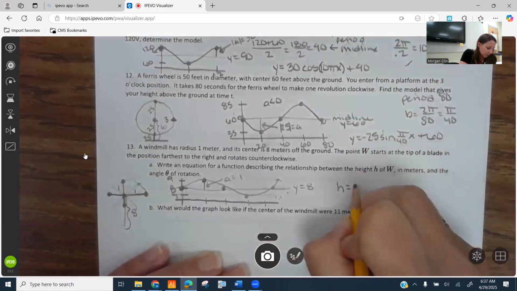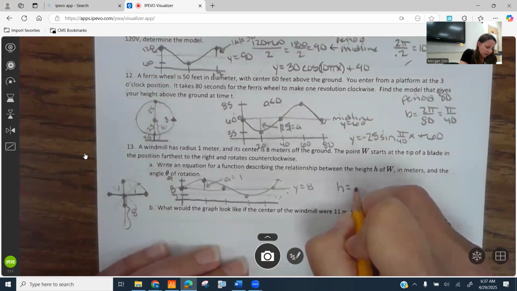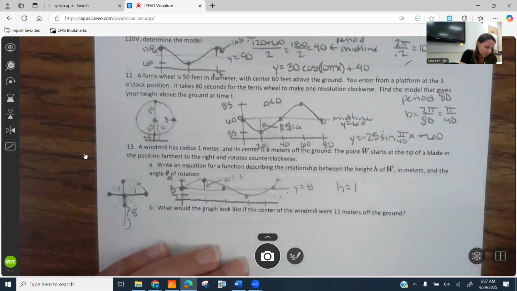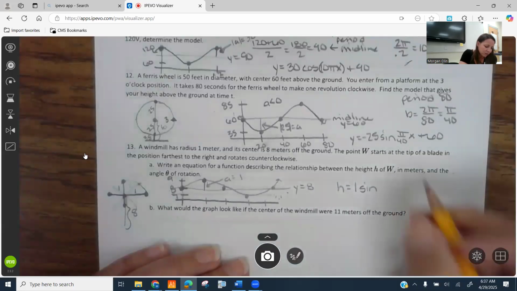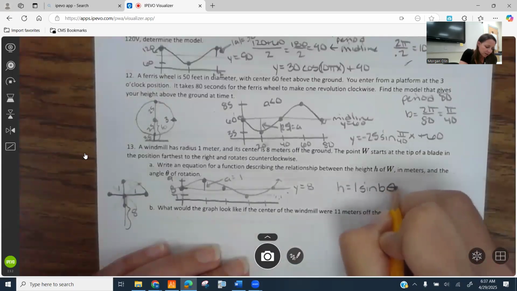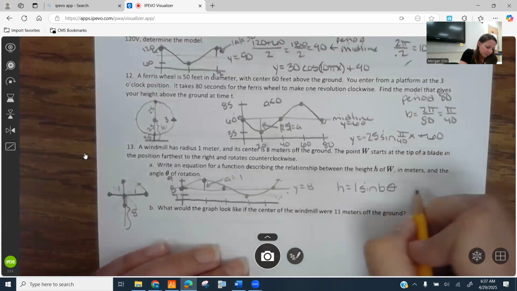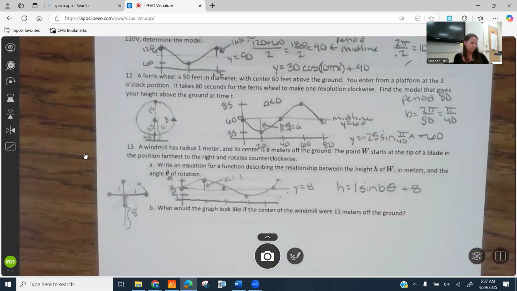All right, we figured out our a value is positive 1. Okay, this is a sine function. I don't know what b is, so I'm just going to leave it as b theta and then plus 8. All right, because they didn't tell us how long it takes to do the actual rotation.